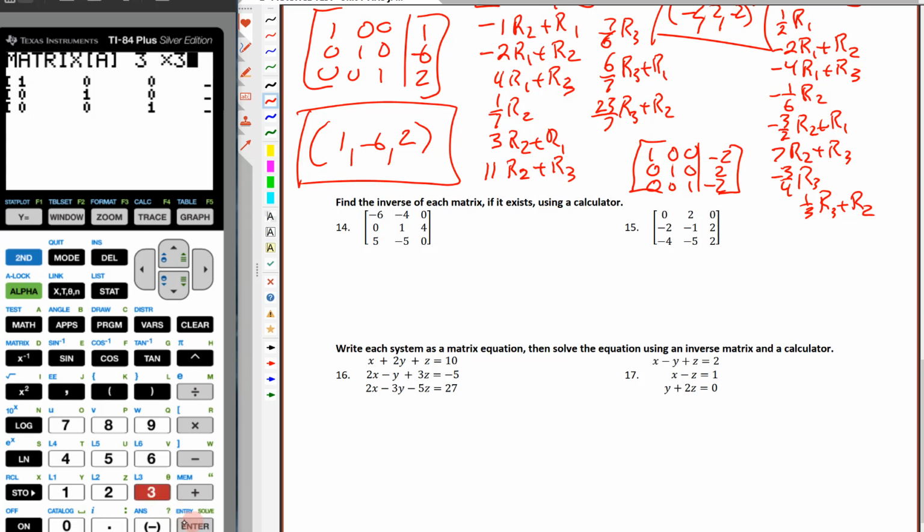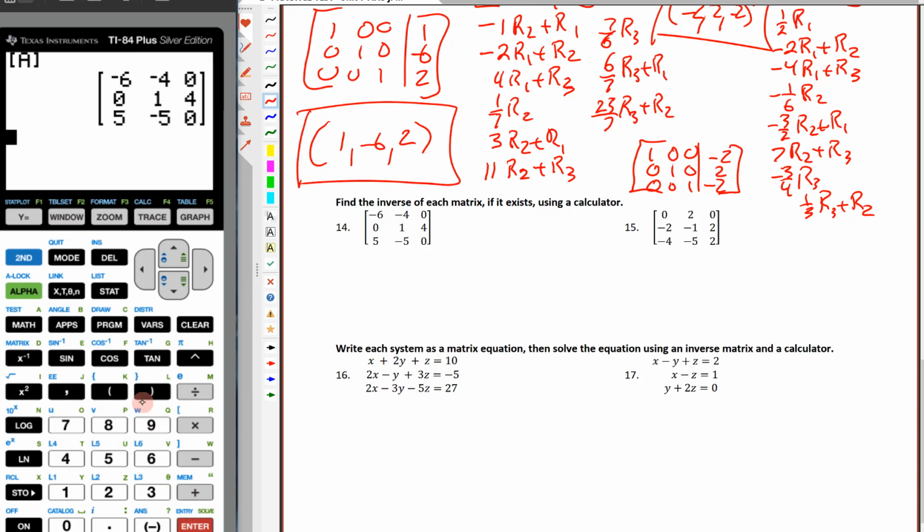So this is a 3 by 3. -6, -4, 0, 0, 1, 4, 5, -5, and 0. Okay, let's check and see. I think we're in good shape. Second quit, I'll display the matrix.